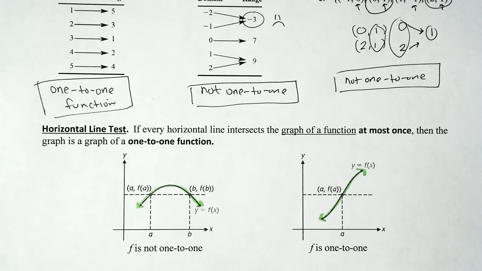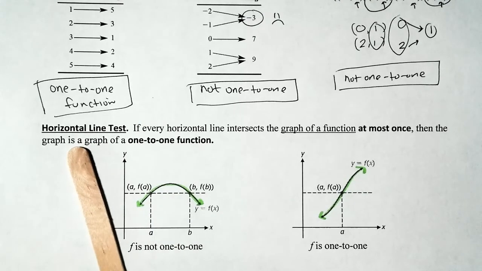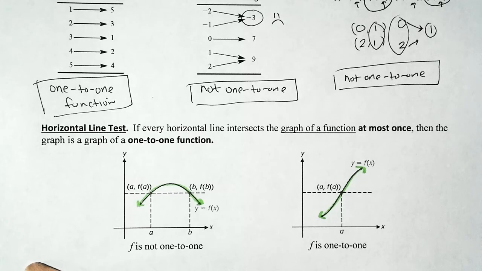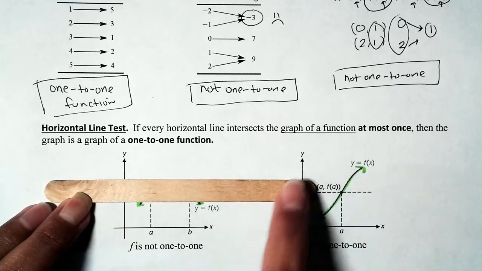We want to know, do these graphs represent the graph of one-to-one functions? How can we do that? The vertical line test is for functions. New to our life, the horizontal line test. How does that work? As you guessed, the horizontal line test requires that we take a horizontal line. Yeah, my famous popsicle stick.